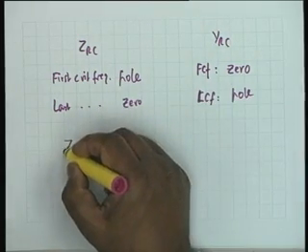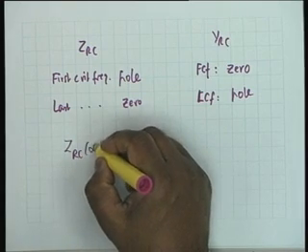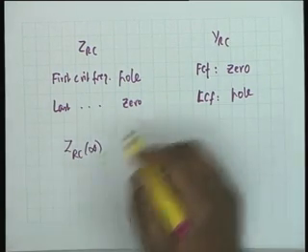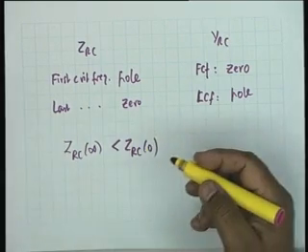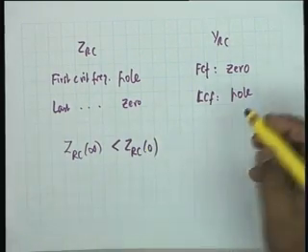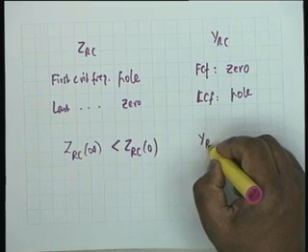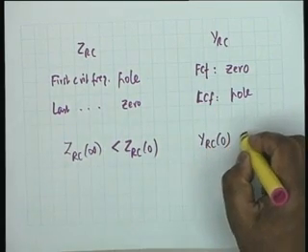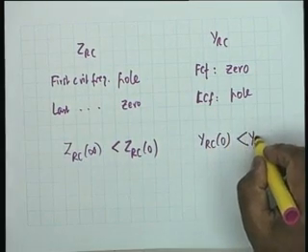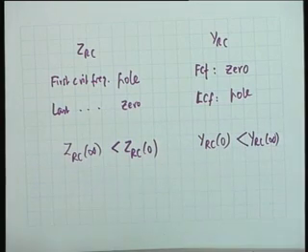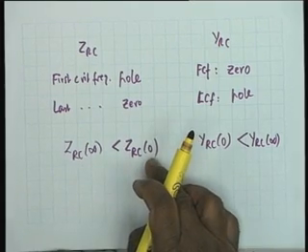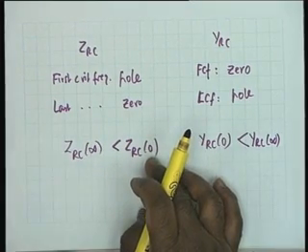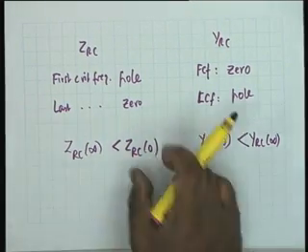And it also follows that the infinite frequency value of ZRC, ZRC infinity, is less than ZRC 0, and because admittance is reciprocal, YRC of 0 must be less than YRC of infinity. If the two values are constants, okay. If ZRC has a pole at the origin, then obviously the value is infinity.